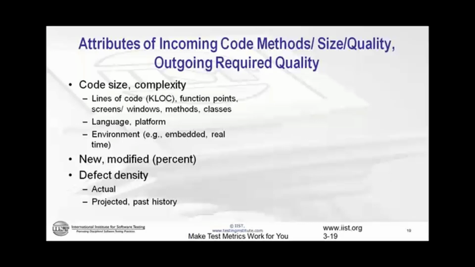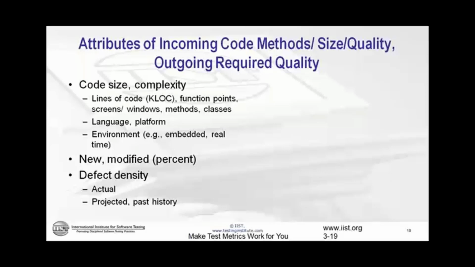So if we had code like this before, and we had 30 defects per 1,000 lines of code or per function point or however you might measure size, there's a pretty good chance that this code is going to have roughly the same defect density.